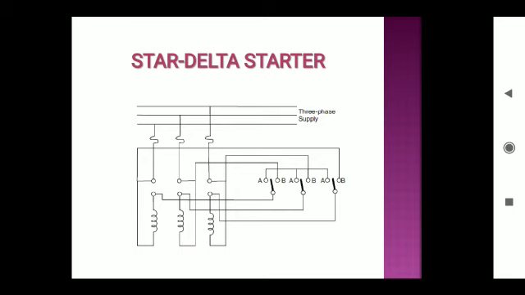By connecting the stator winding first in star and then in delta, the line current drawn by the motor at starting is reduced to 1/3 as compared to the starting current with the windings connected in delta. At the time of starting, when the stator windings are star connected, each stator phase gets a voltage of VL by root 3, that means line voltage by root 3, where VL is the line voltage.